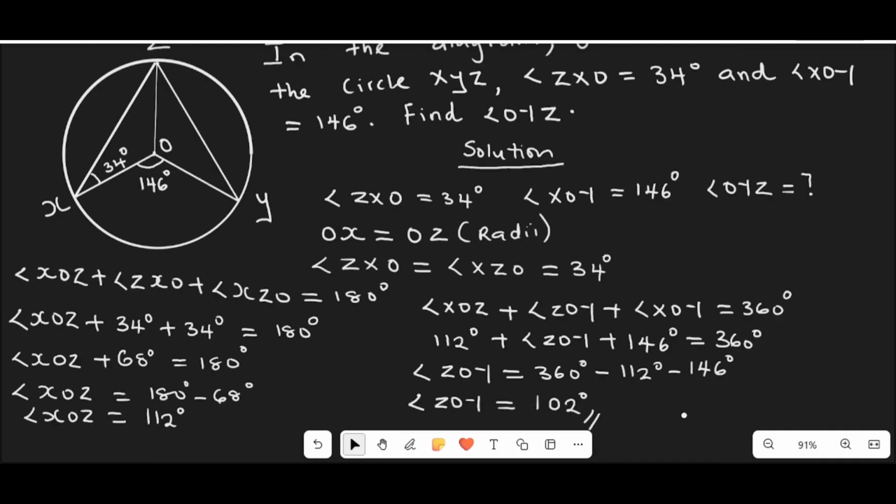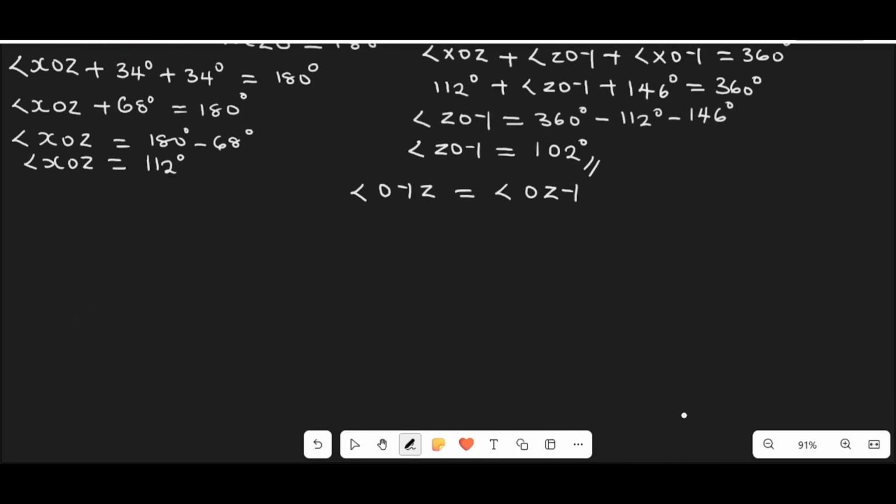The algebraic sum of interior angles in a triangle is equal to 180 degree. So we can say angle OYZ plus angle OZY plus angle ZOY equal to 180 degree. Since OYZ is equal to angle OZY, let us substitute angle OZY with angle OYZ.